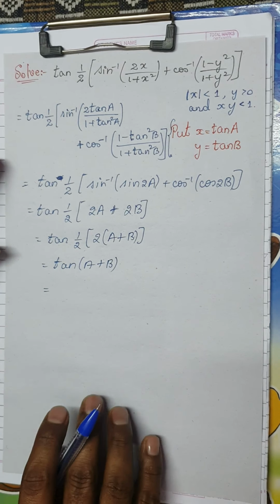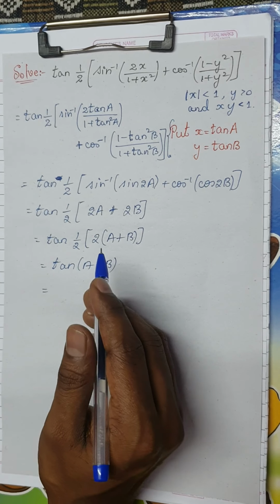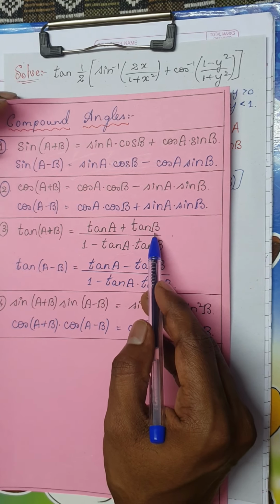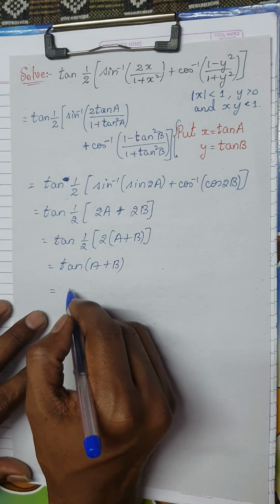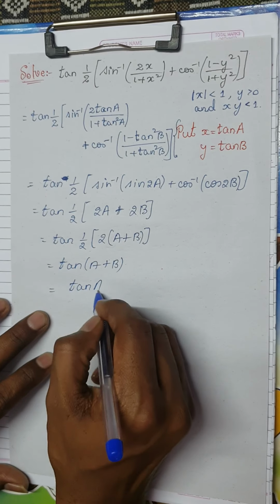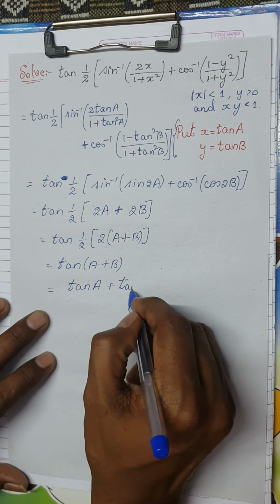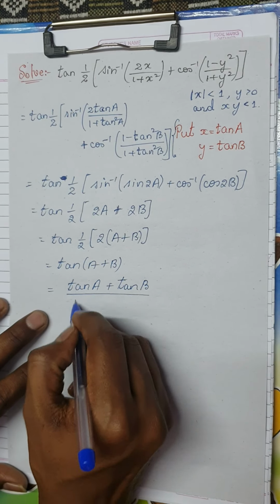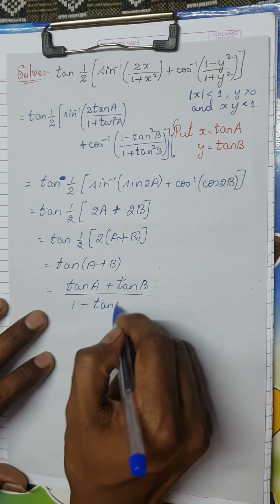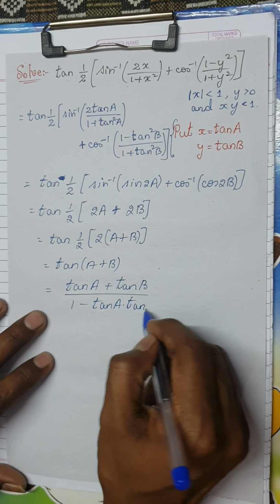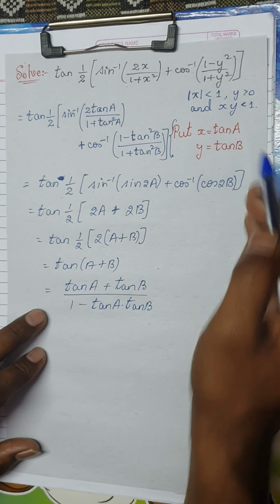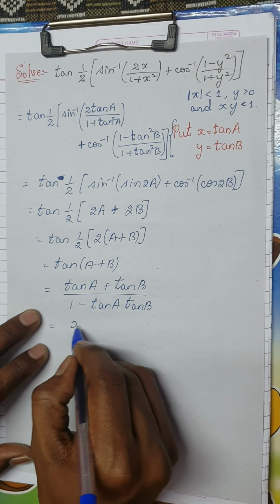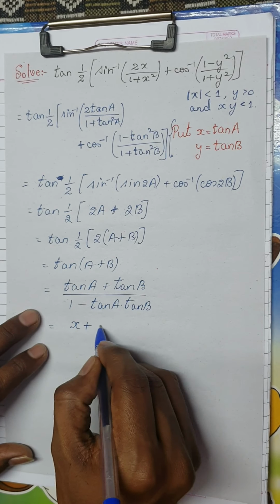Okay, so what is tan of a plus b? You should be knowing the formula. Tan of a plus b is tan a plus tan b divided by 1 minus tan a into tan b. Using this I will get tan a plus tan b divided by 1 minus tan a into tan b. Substitute back: tan a is x, tan b is y.